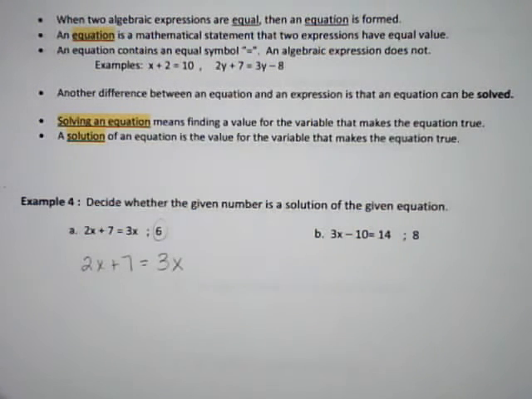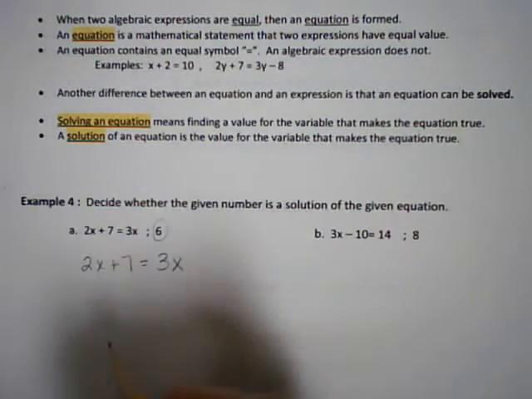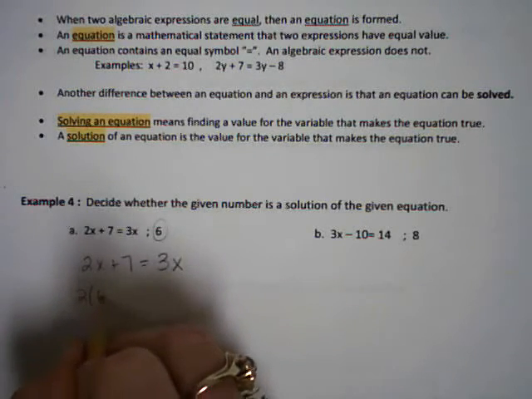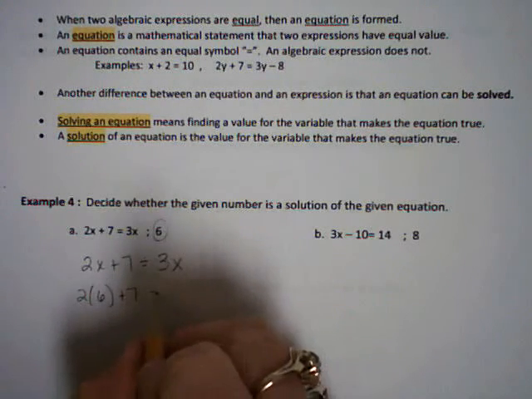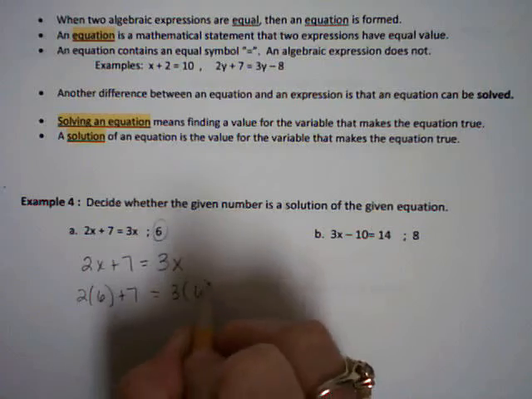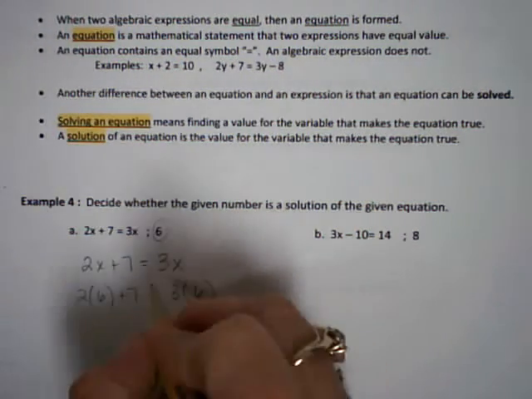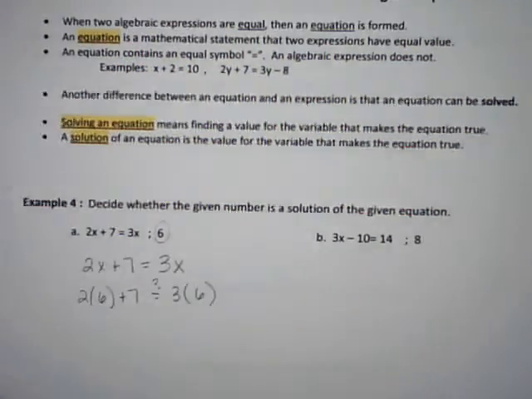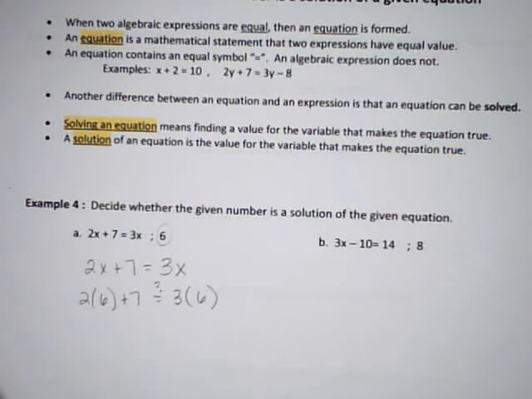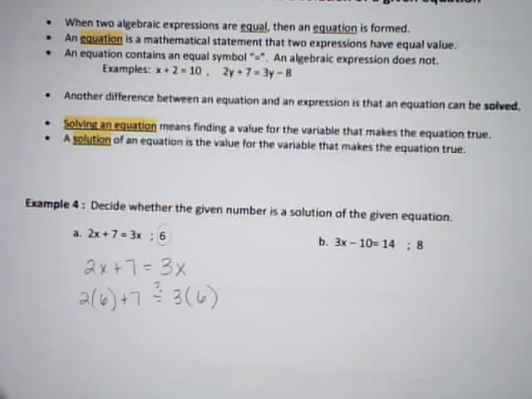This is my equation. Everywhere I have an x, I'm going to replace it with a 6. And then I want to put a little question mark here because I'm not sure if those two sides are going to be equal. That's what we have to figure out.